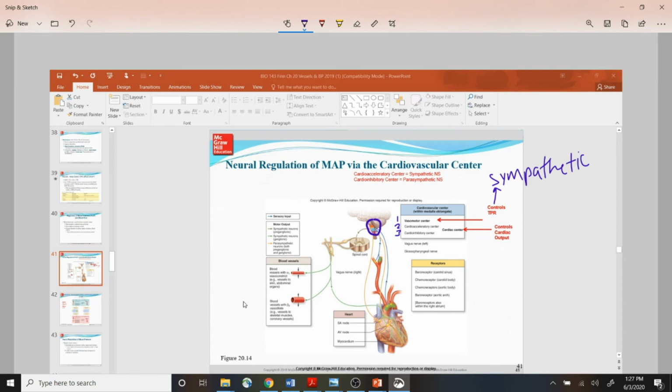Those areas that need more blood flow, especially on a consistent basis, like blood vessels to your skeletal muscles or coronary vessels, are going to have special adrenergic receptors, beta 2 adrenergic receptors. Watch that video if you can't remember what that meant.